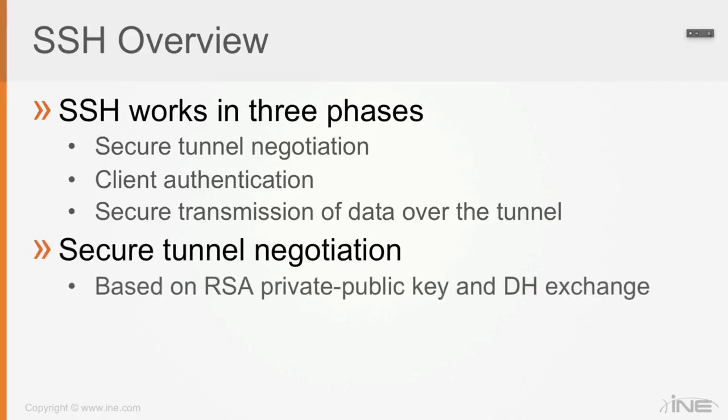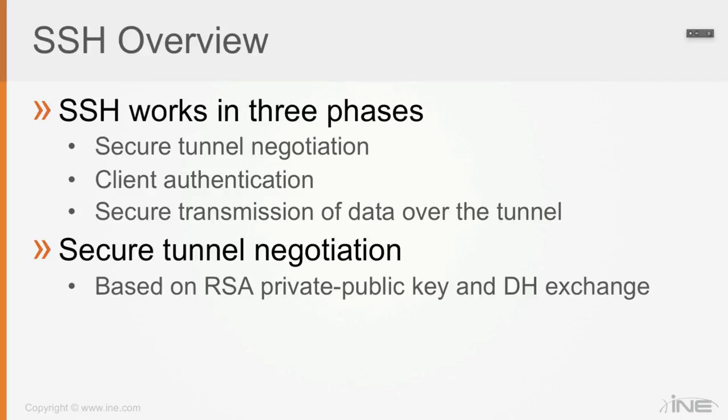Now, secure tunnel negotiation happens based on RSA private-public key pairs and the Diffie-Hellman exchange. It's a bit similar to an IPsec tunnel being negotiated, but it's another kind of negotiation because it has a different scope and it's a different protocol, which is SSH.